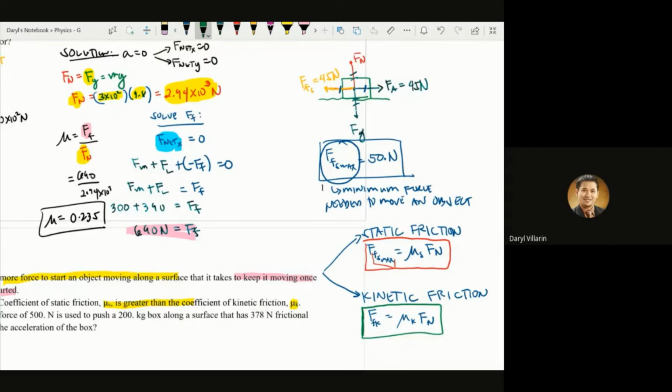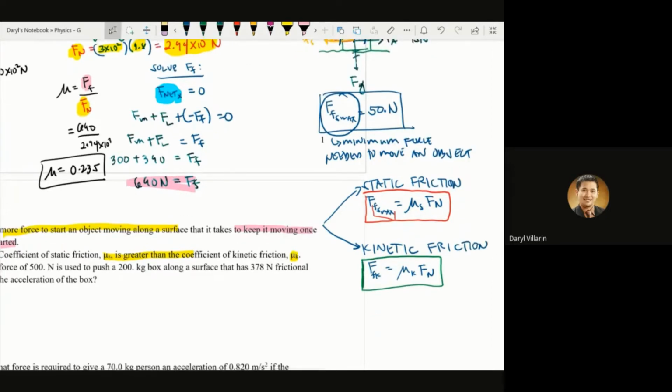The reason is there's static friction, and the maximum static friction is bigger compared to the force that you exerted. Once you increase the force, the static friction also increases until you overcome the maximum static friction.